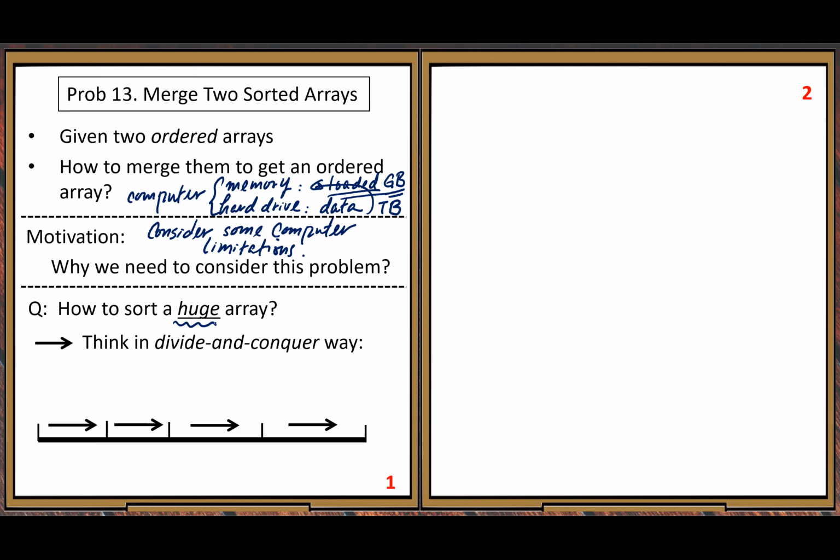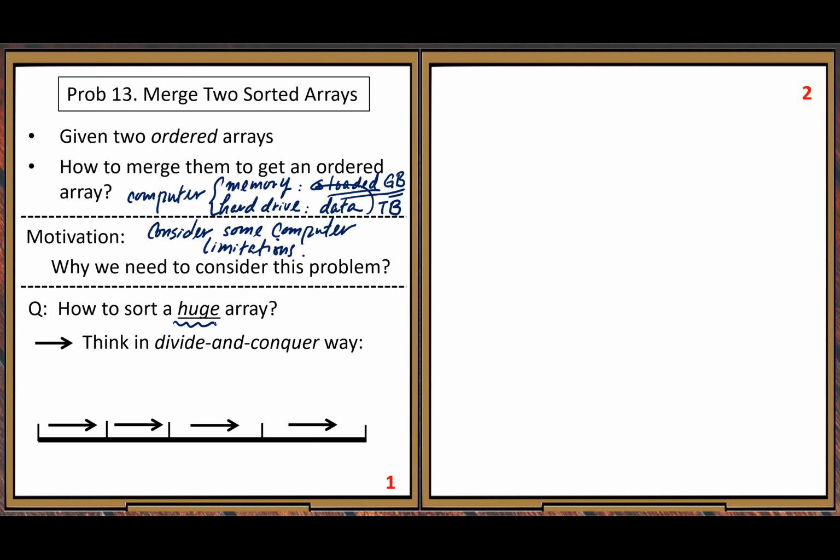If we have that solution, we can apply that merge operation on every two ordered subarrays to get one bigger subarray, and so on. Eventually, we get the whole array sorted. So that's the reason, the motivation.